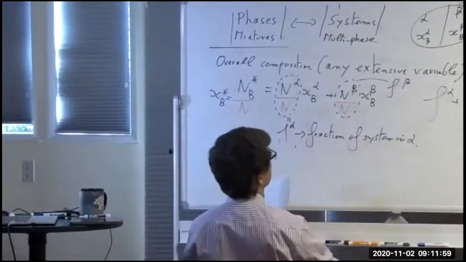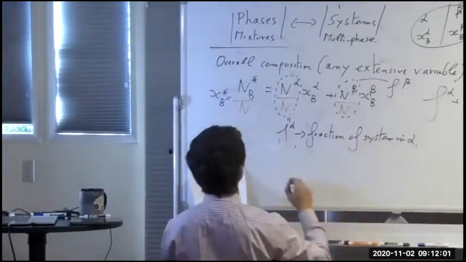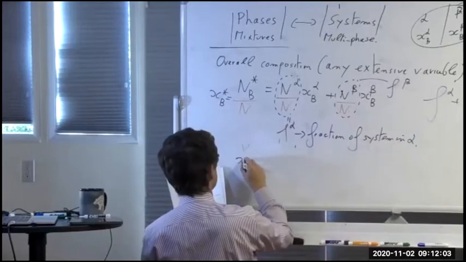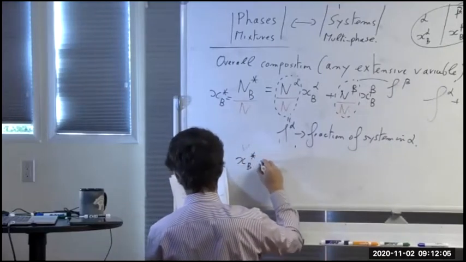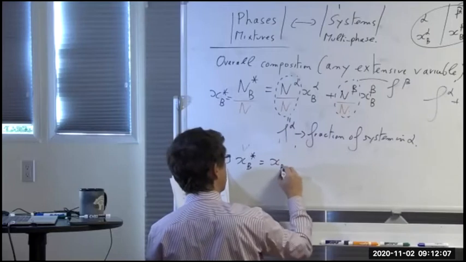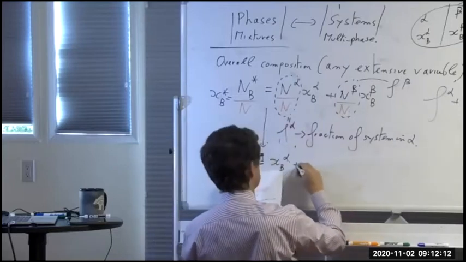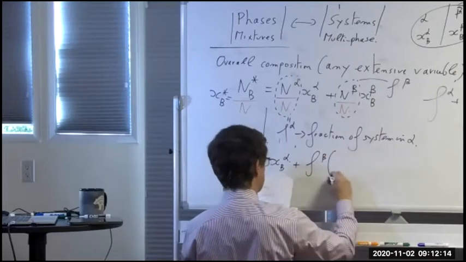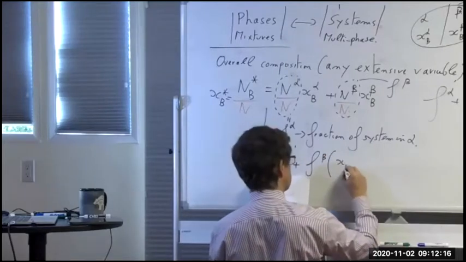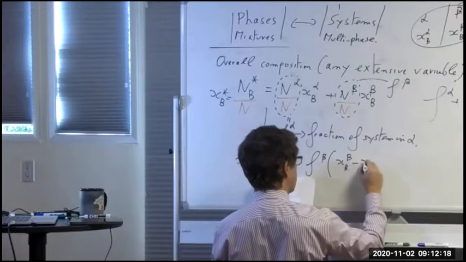So I'm just going to rewrite this in terms of the fractions. That means the composition XB star is XB alpha, plus the fraction of beta times the composition difference, XB beta minus XB alpha.